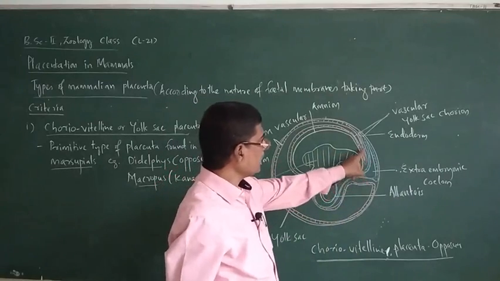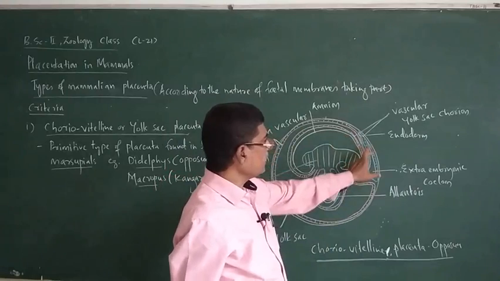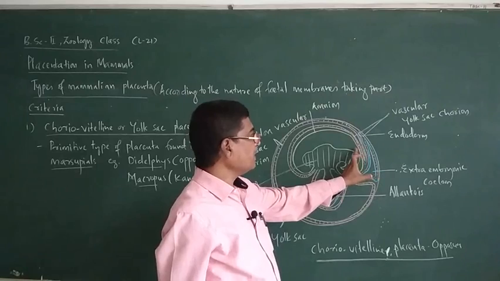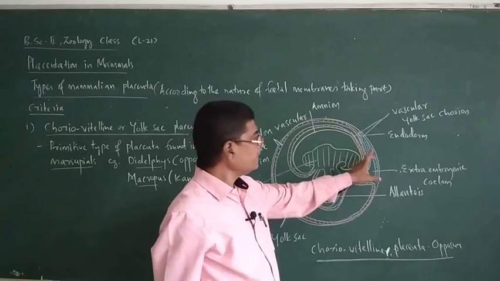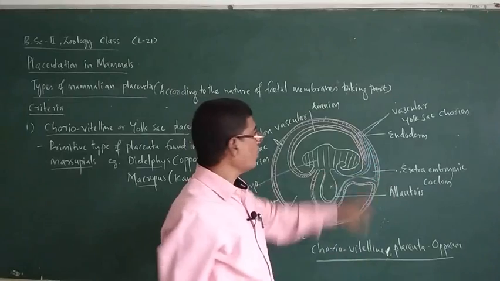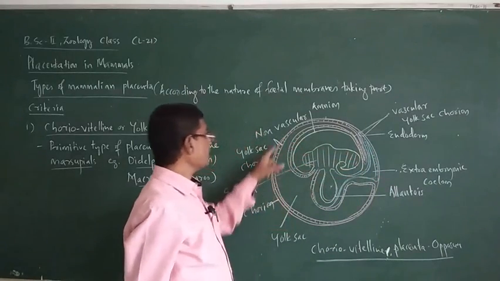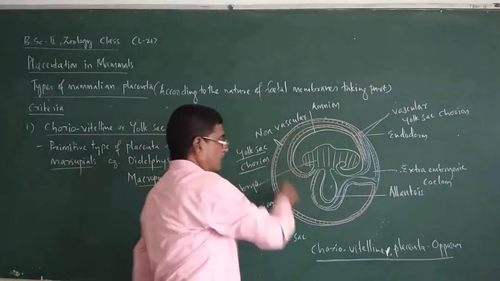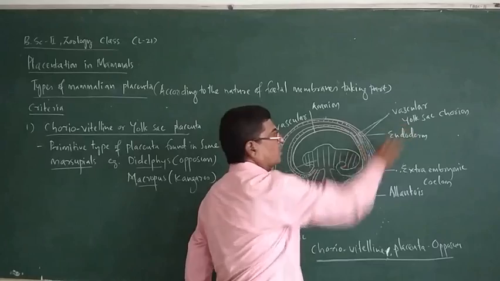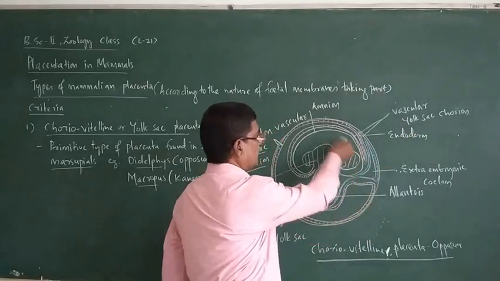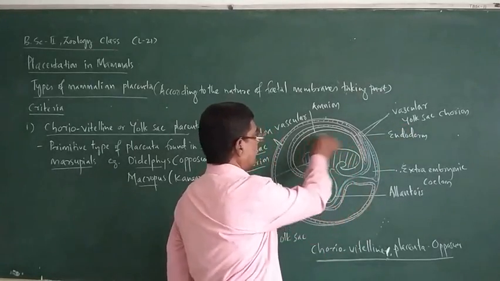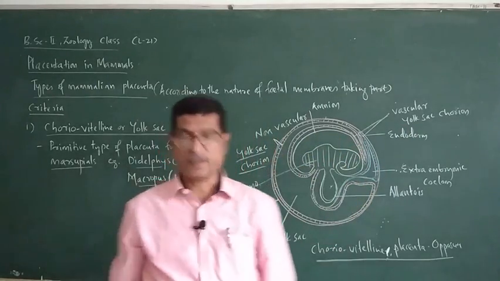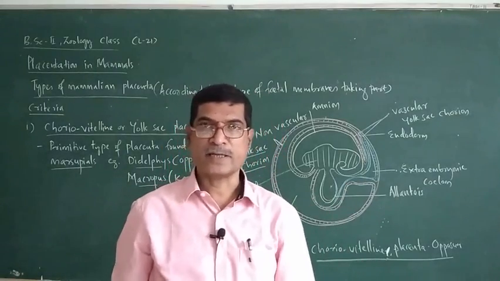So here you can see this is a place where the blood supply is seen between vitelline membrane and the chorion. Whereas here it is non-vascular yolk sac chorion. It is this part. Whereas here vascular yolk sac chorion is there. And this is amnion.